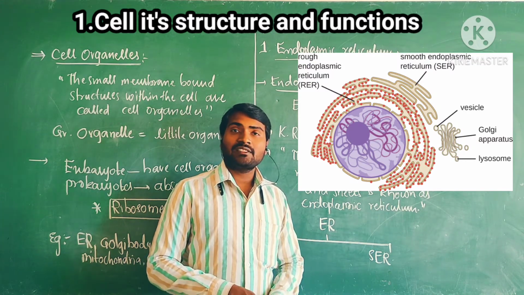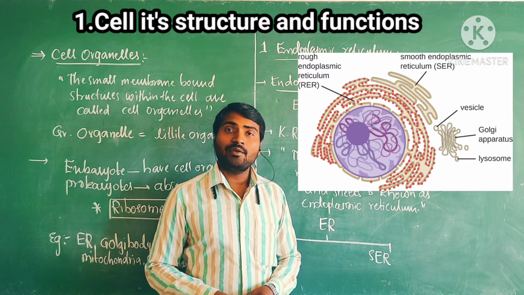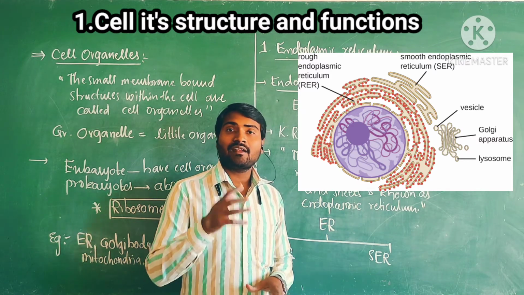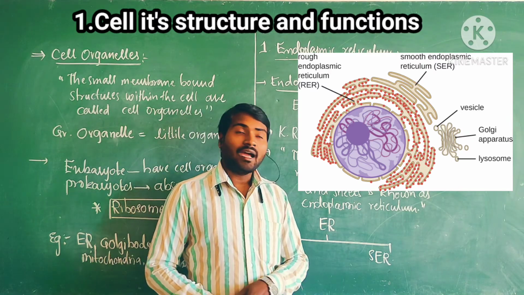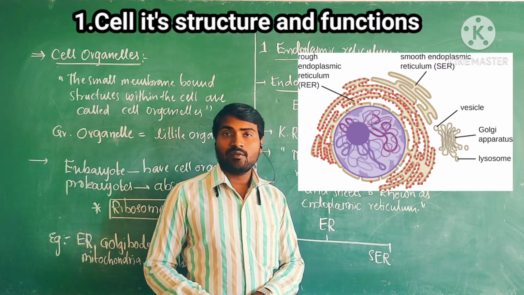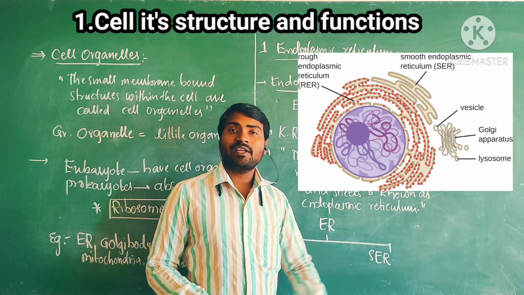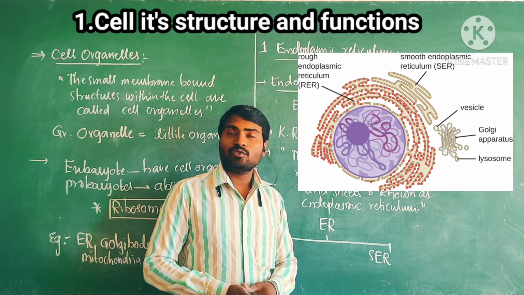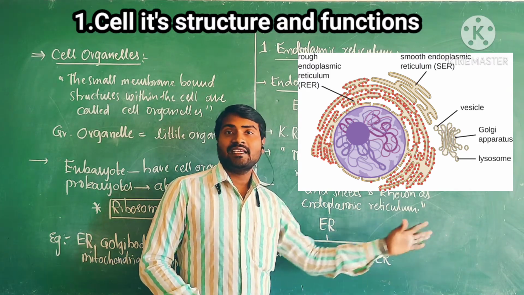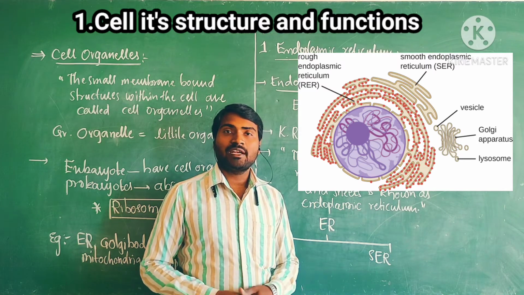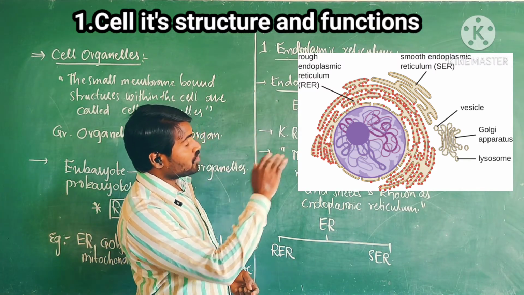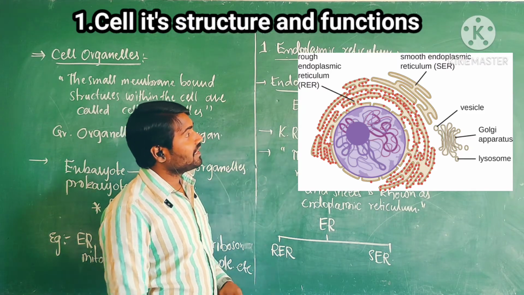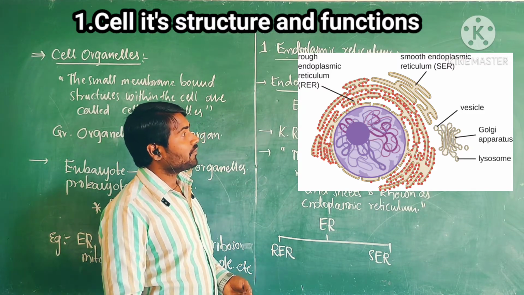Because of the presence of large ribosomal granules, its surface looks rough. Hence it is called rough endoplasmic reticulum. And the portion of endoplasmic reticulum without ribosomal granules is called smooth endoplasmic reticulum. We can see the picture, where the ribosomal granules are visible, that area is rough endoplasmic reticulum.